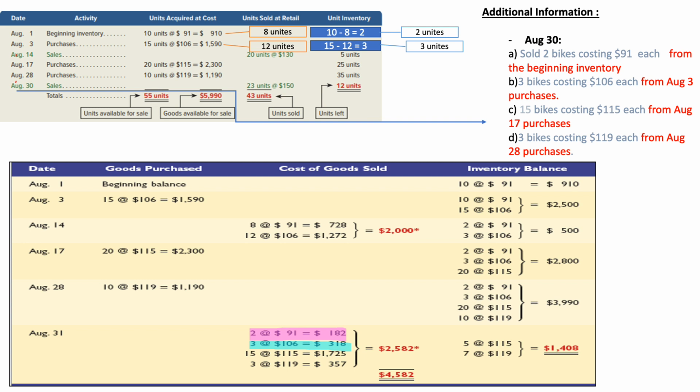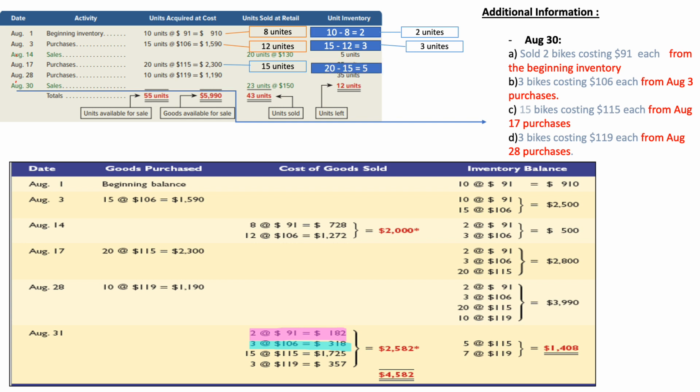Now in C, they said they sell 15 bikes costing 115 each from August 17 purchases. If I go to August 17 purchases, it means they take 15 units, and in August 17 we have 20 units. Now we are going to sell 15. So how much is left in the units?